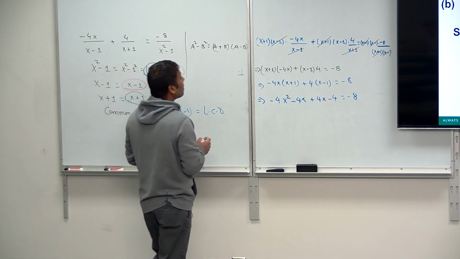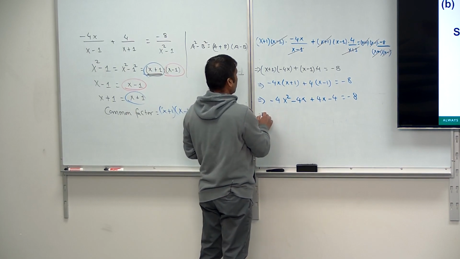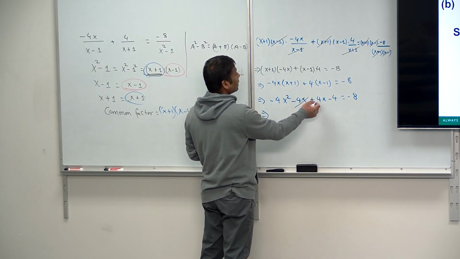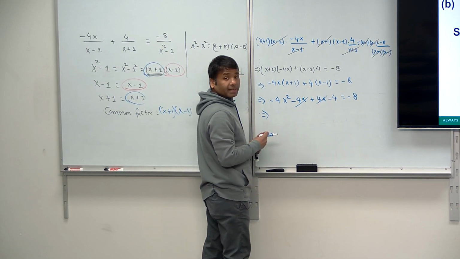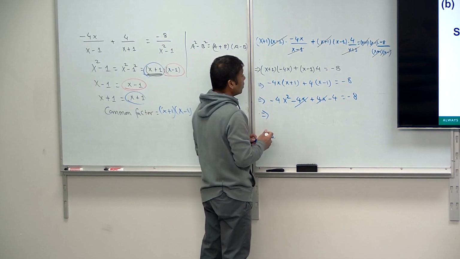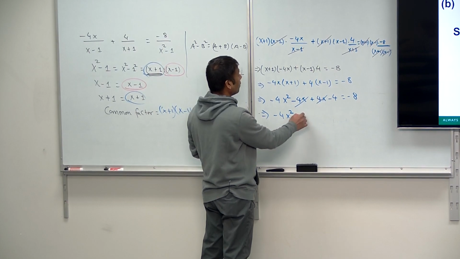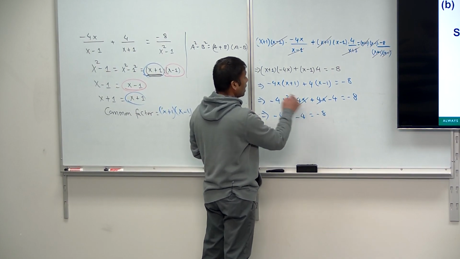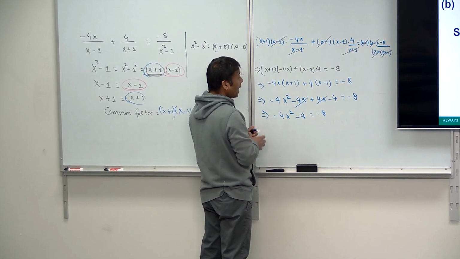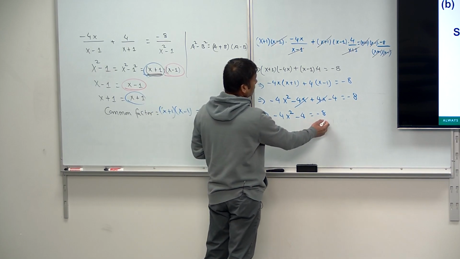So now, what you can do here is this negative 4x and positive 4x, you can cancel them, right? So what do you have? Negative 4x squared, negative 4 equals negative 8. And you add 8 on both sides.